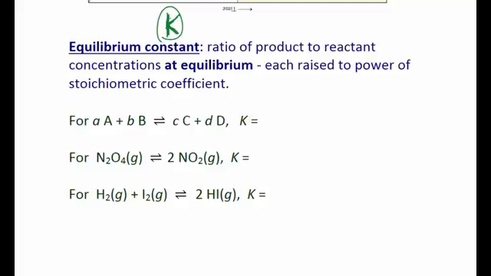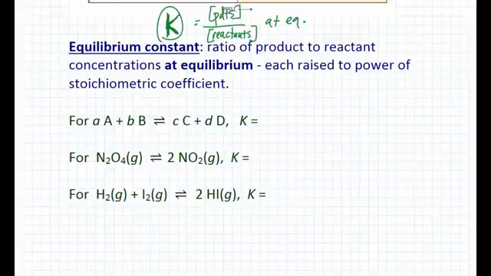So, the ratio of product to reactant concentrations at equilibrium. That's it. It's products over reactants at equilibrium. Here's a general equation. The capital letters are the substances, and the little letters in front are their coefficients. So we get to actually make predictions now based on those coefficients.